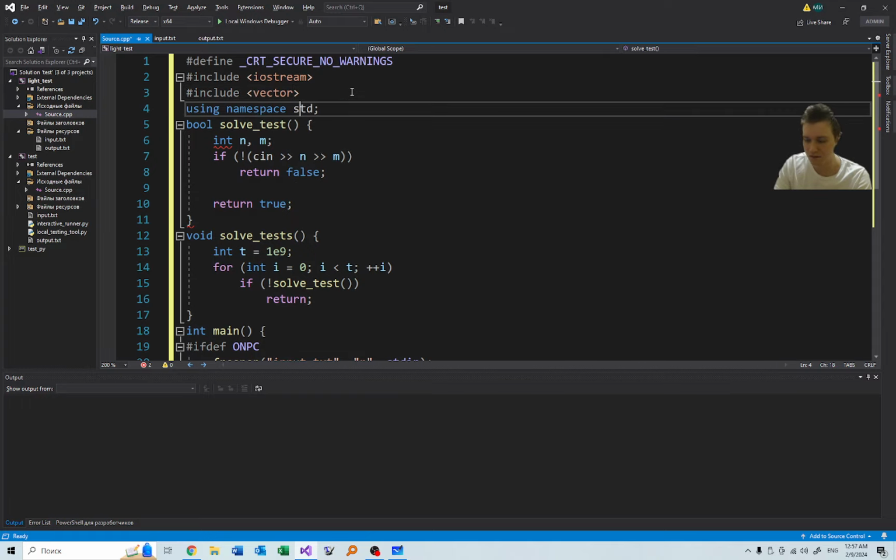This means that actually the maximum is at most A_i, but the maximum is not at most A_i minus 1. So this is true. And this means that let's consider n plus m conditions.